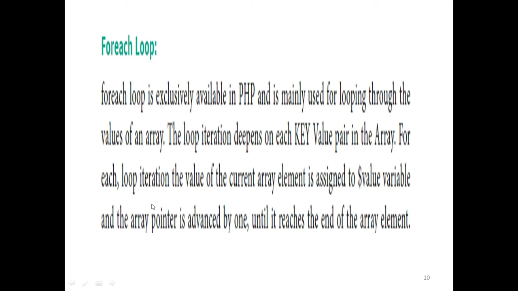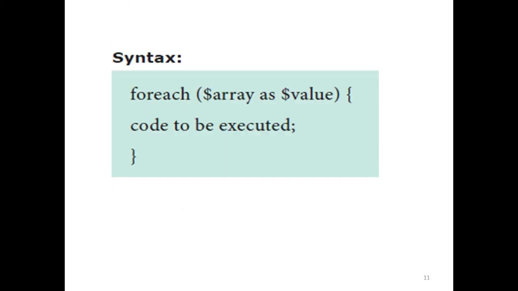For each pair in the loop iteration, the value of the current array element is assigned to the $value variable, and the array pointer is advanced by 1 until it reaches the end of the elements. The syntax is foreach ($array as $value), then the code to be executed.